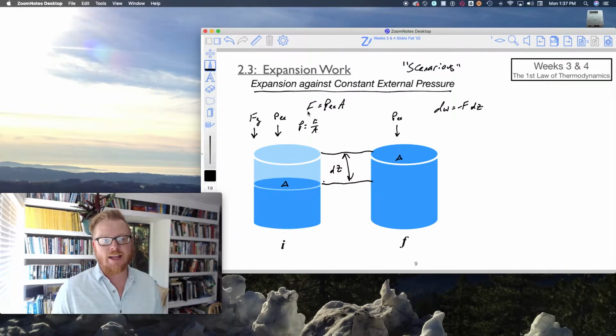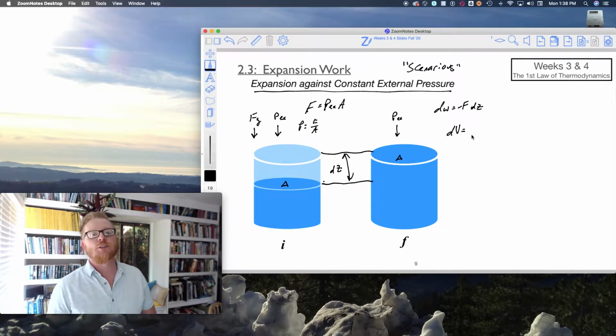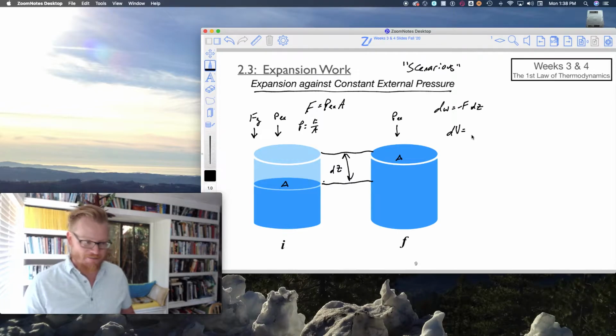And so I can say then that the work that this cylinder is having to undergo is given by this force acting over this area with that constant external pressure. Okay. So I can think of the volume of the cylinder. So the cylinder is really undergoing volume changes, right? So I'll write those volume changes as dV.